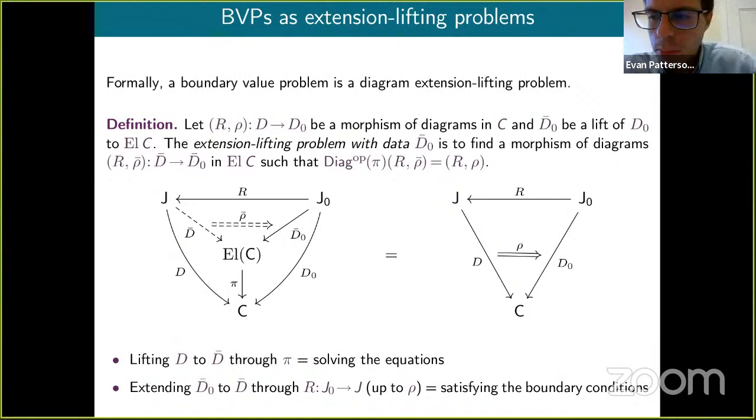Problems like this appear a lot in topology and subjects like that, but in a geometric setting, this is the diagrammatic analog of a problem like this.